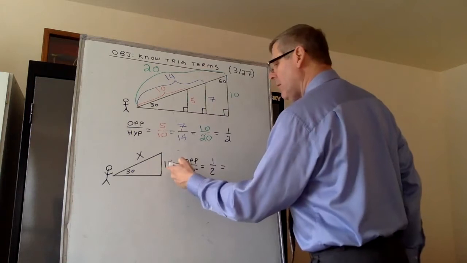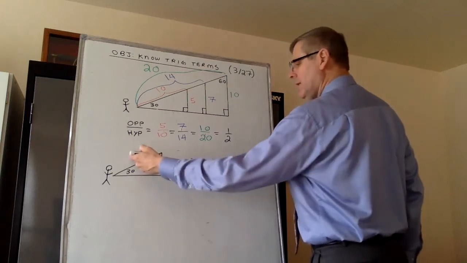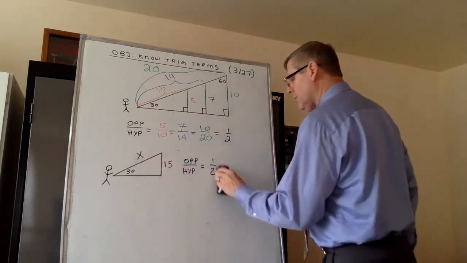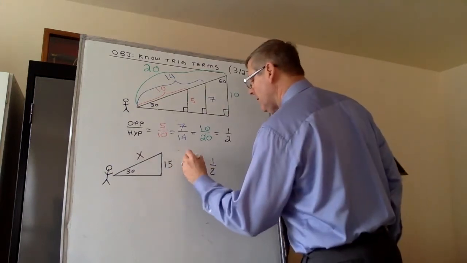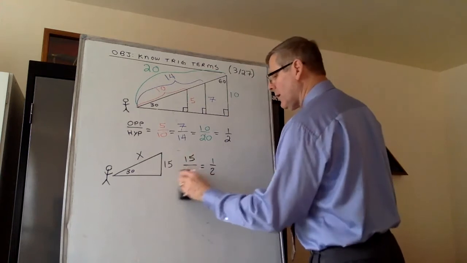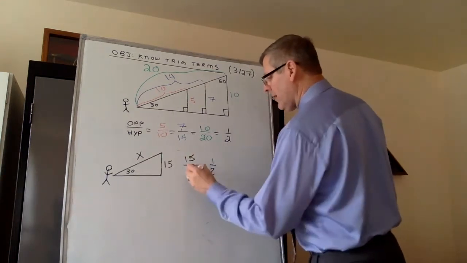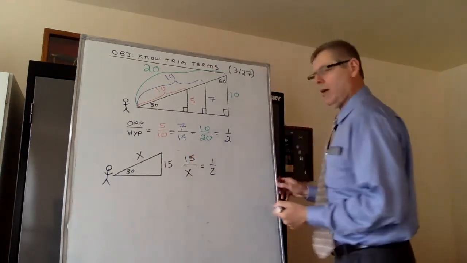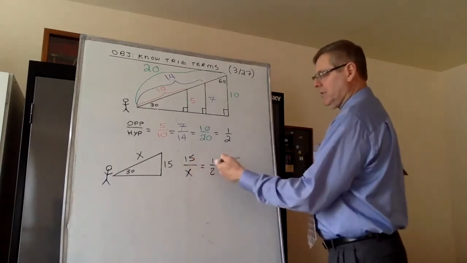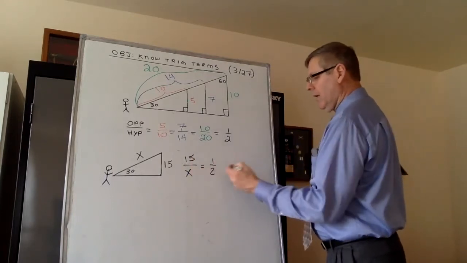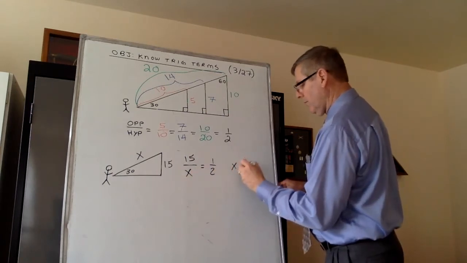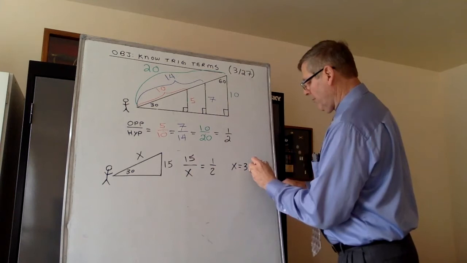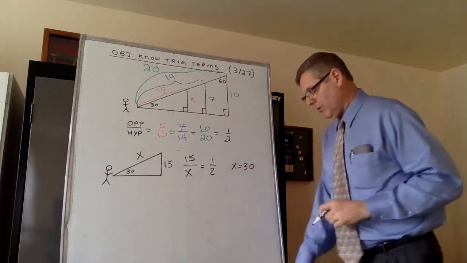But in this problem, the opposite side is 15. The hypotenuse is really what I'm trying to figure out, how far the ball traveled. Well, I know how to solve that. If 15 is to x as 1 is to 2, you can cross multiply, x is 30. And that's what we figured out before in that problem, that the ball traveled 30.